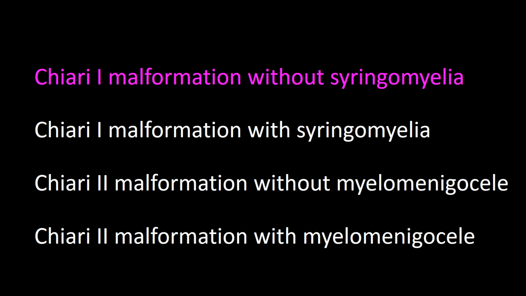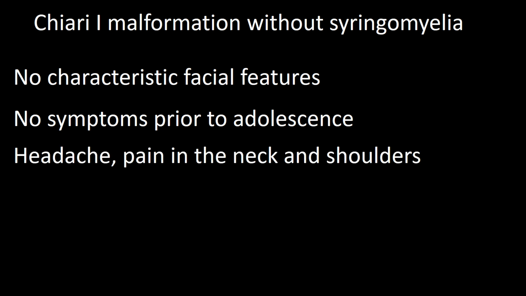We will first talk about Chiari type 1 malformation without syringomyelia. Patients with Chiari type 1 malformation without syringomyelia have no unusual facial characteristics and usually present no symptoms prior to adolescence. After adolescence, they may develop headaches as well as neck and shoulder pain.